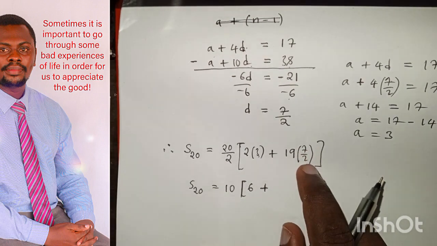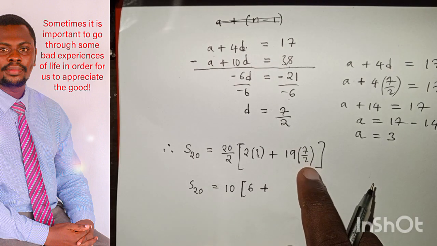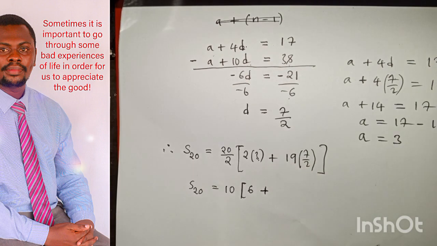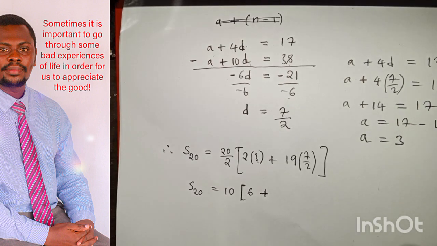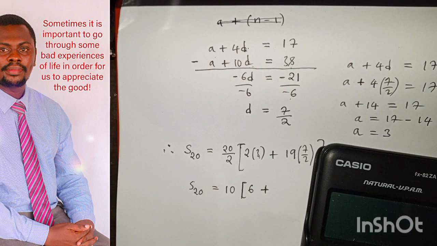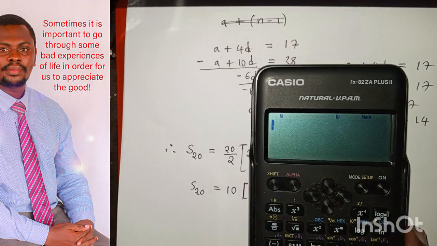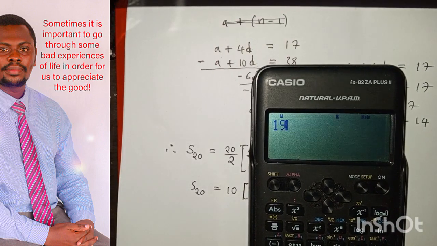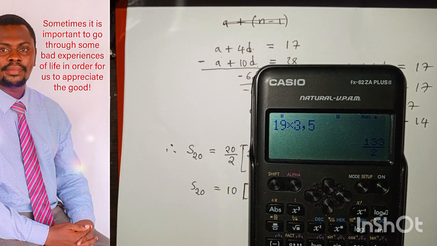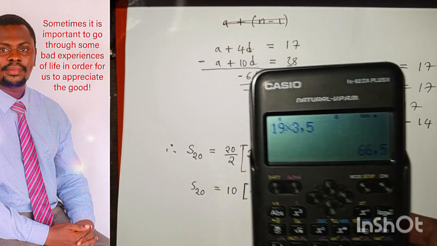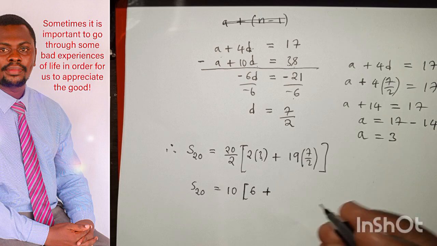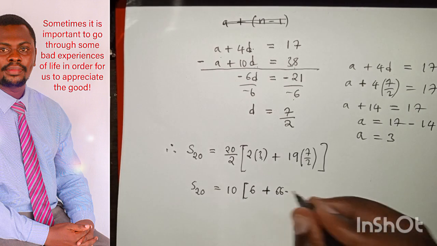So this 7 over 2 is just 3.5. So you say 19 times 3.5. What is 19 times 3.5? Okay, you get 66.5.